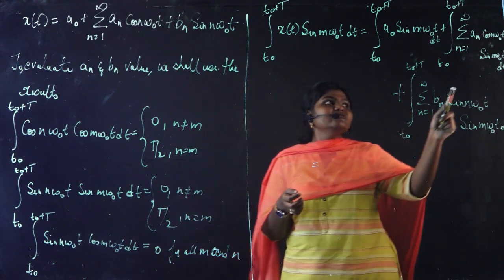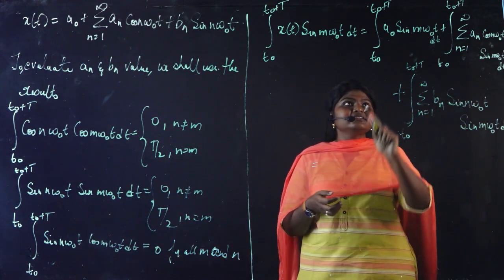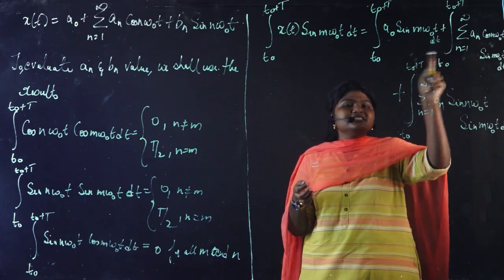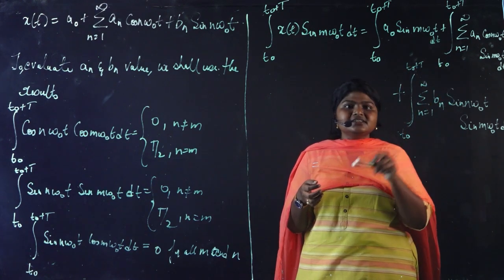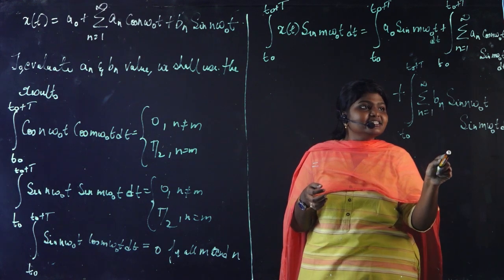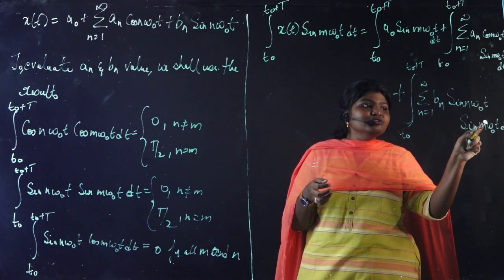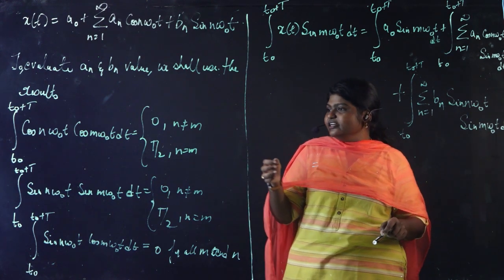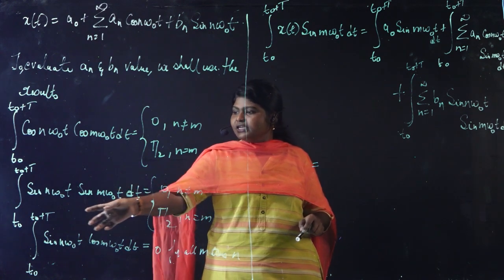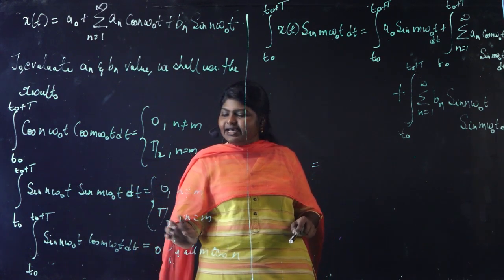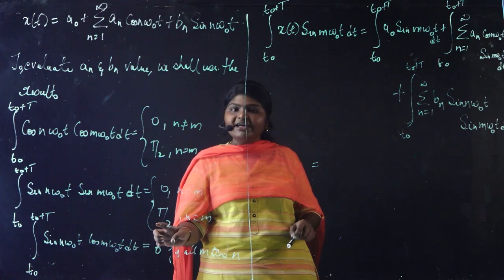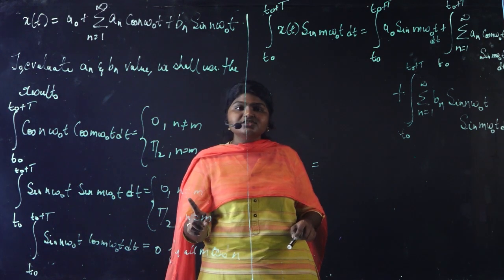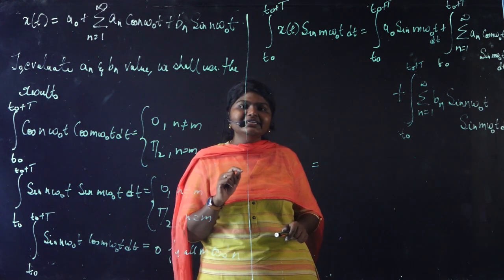So this whole term will be 0. This term will exist only when n equals m. At n equals m, the value is T by 2. If n is not equal to m, then it will be 0.